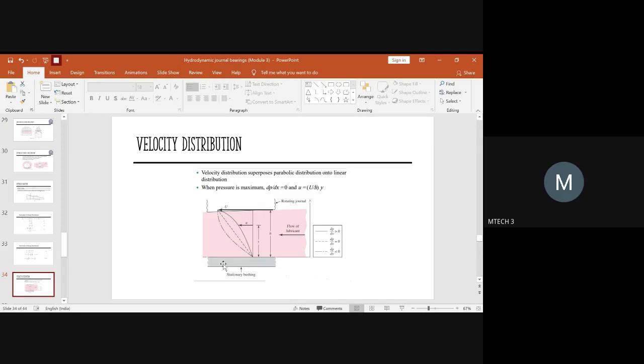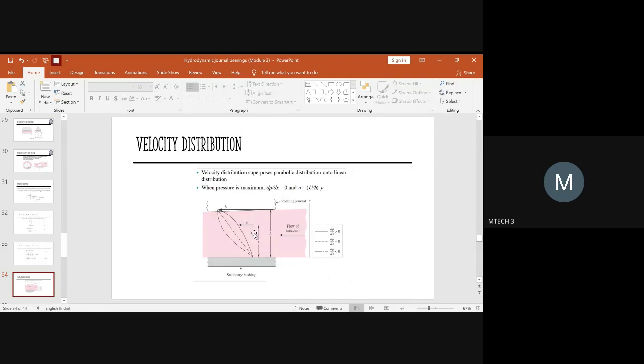The plate we are calling stationary is nothing but the stationary bush, and this is the rotating plate, which is nothing but our rotating journal. This is the direction in which the lubricant is moving, and this is the height, meaning the thickness of the lubricant film. If you have the thickness of the lubricant film, then at this surface it will be moving with a uniform velocity gradient of u, because it is nearer to the moving plate.